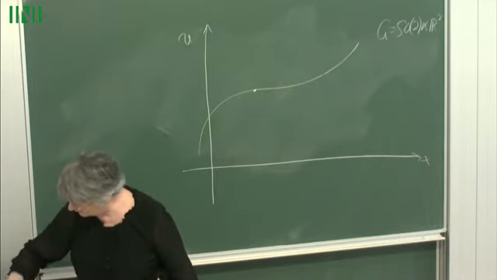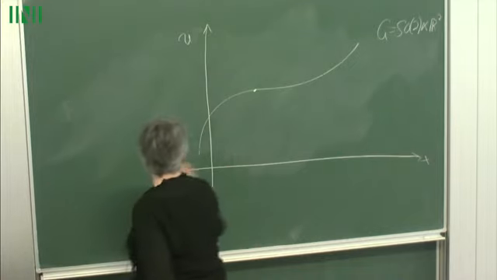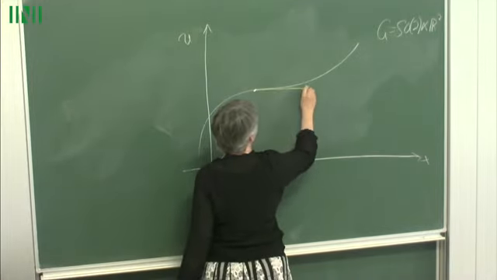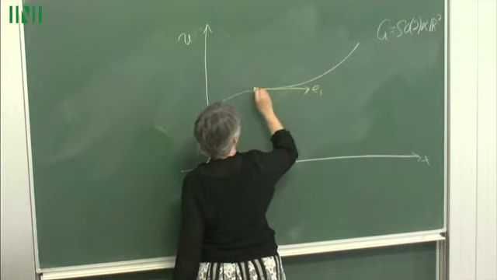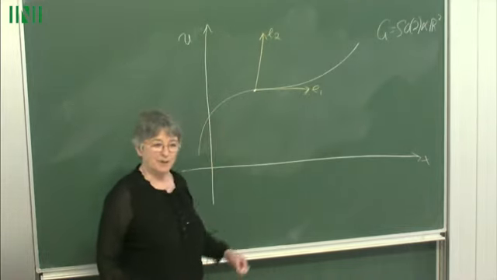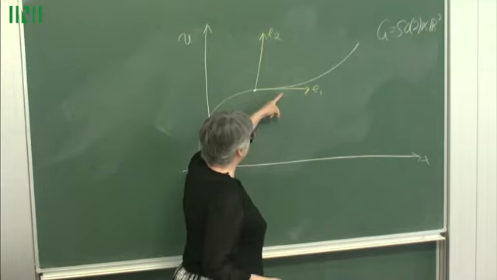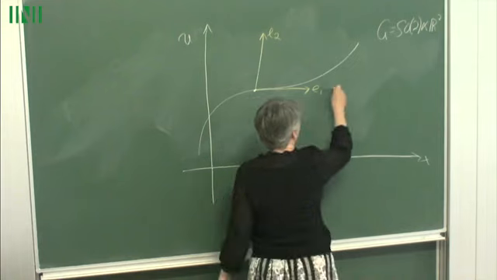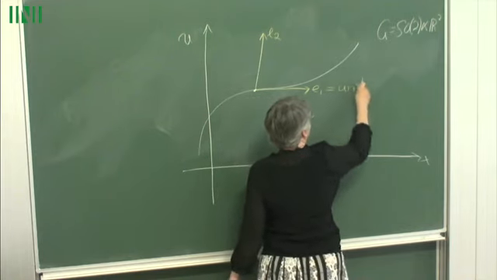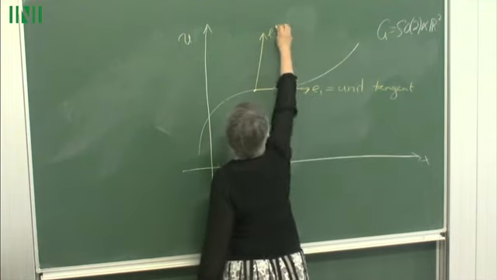Yellow. Okay, so that's Cartan's frame. Cartan's frame is the orthonormal: the unit tangent and the unit normal.